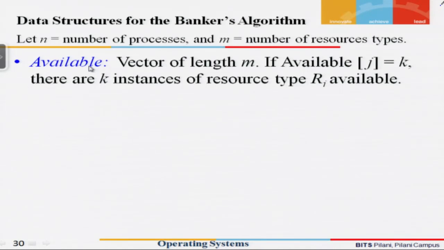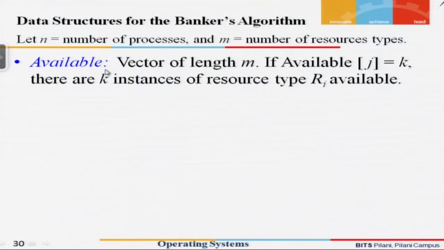We define something known as available, which is a vector of length m. If available[j] equals k, it essentially means that there are k instances of resource type rj available in the system.